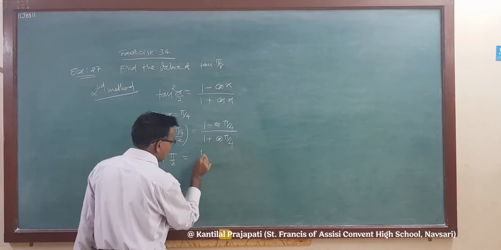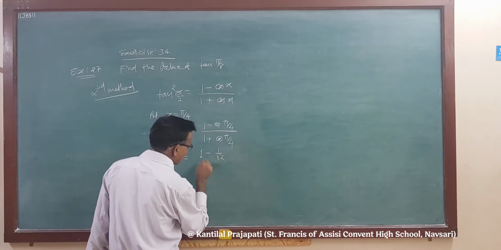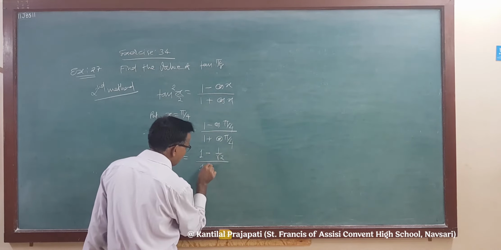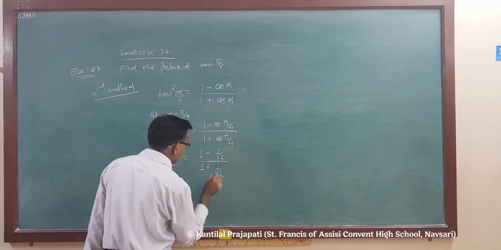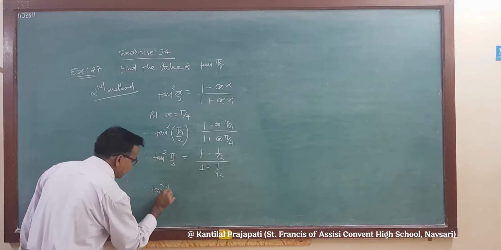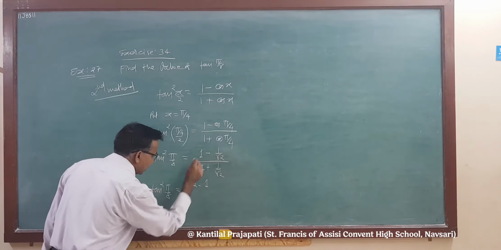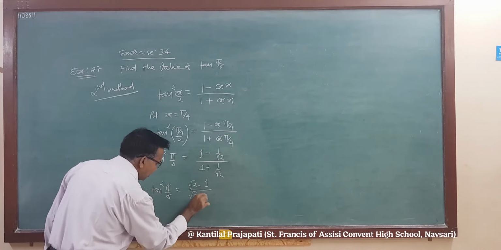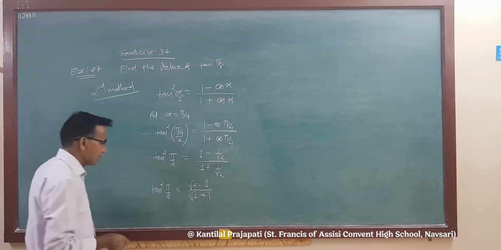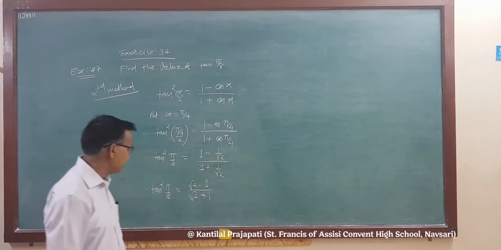And cos pi by 4 is 1 by root 2, so we write 1 minus 1 by root 2 upon 1 plus 1 by root 2. Therefore tan square pi by 8 will be written as root 2 minus 1 upon root 2 plus 1, taking LCM, the root 2 cancels.